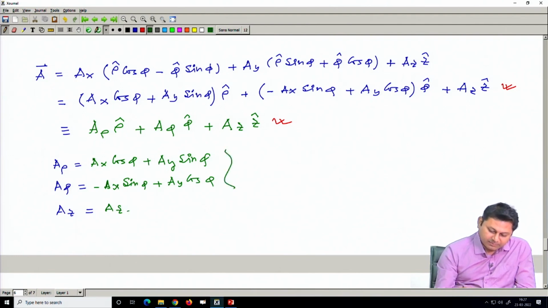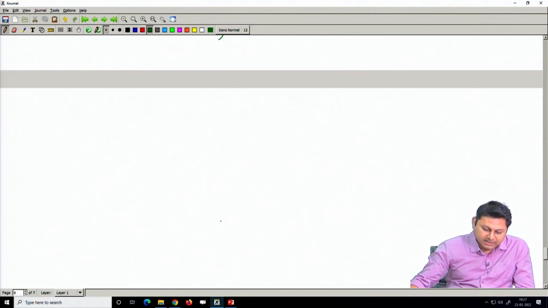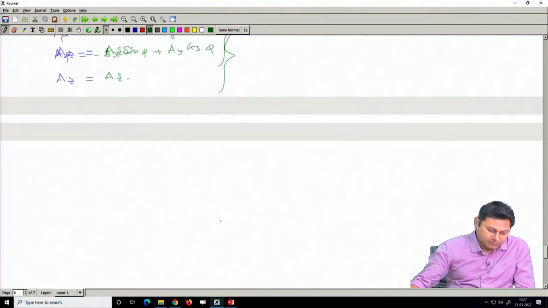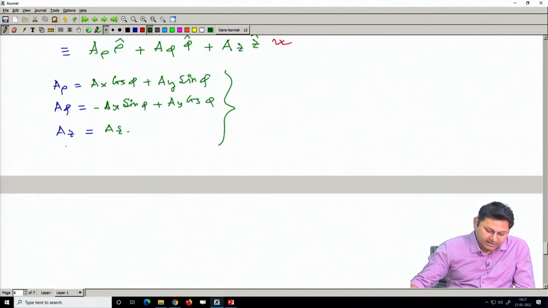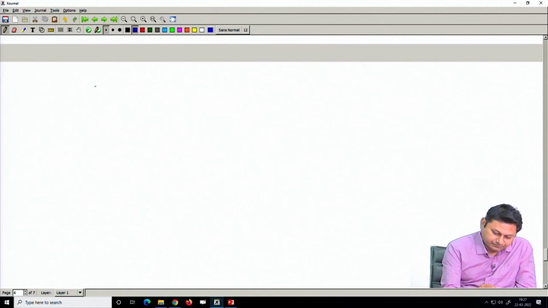So I figured out these relationships, and from them I can write everything in matrix form. A rho, A phi, A z I can write in this matrix form, which is this.